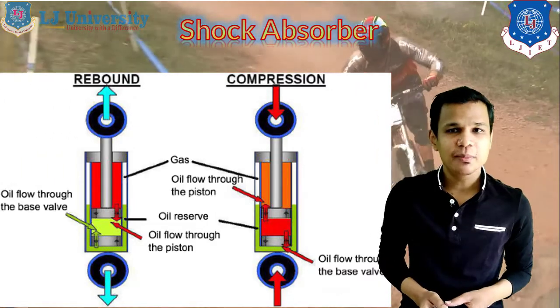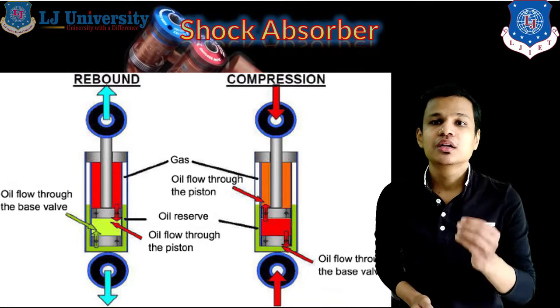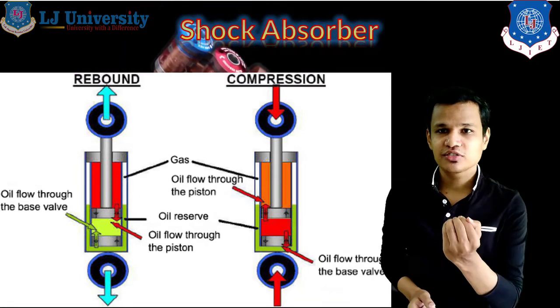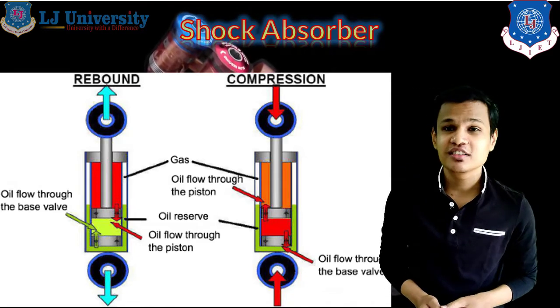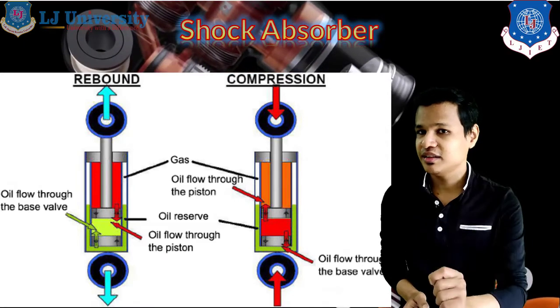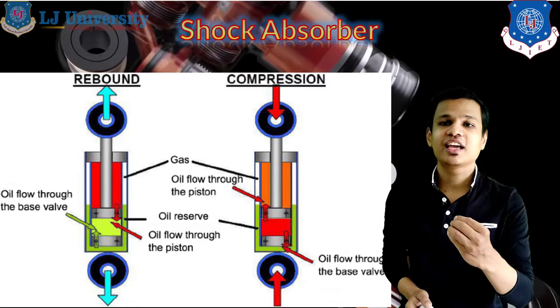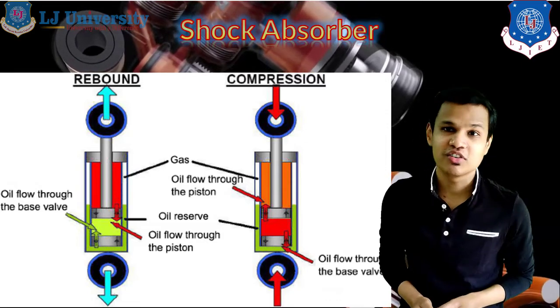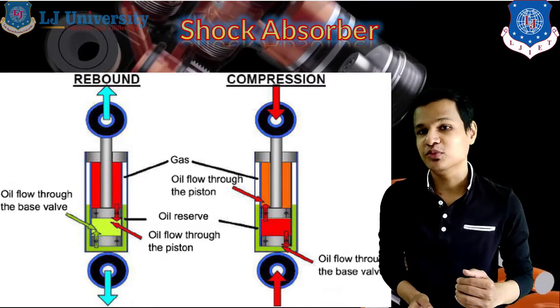In that case, there are two valves given in the shock absorber, right? We have also studied the telescopic shock absorber in the subject Basics of Automotive Systems. The function is the same. We will just go over it one more time so that we can clear up how the shock absorber works. There are two valves given in the shock absorber.